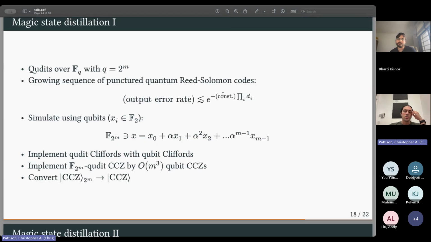In particular, you can think of the error suppression as going roughly like an exponential of the product of the distances of each step in the distillation. And so if you have growing codes with growing distance, you can get slightly faster error suppression than doubly exponential.